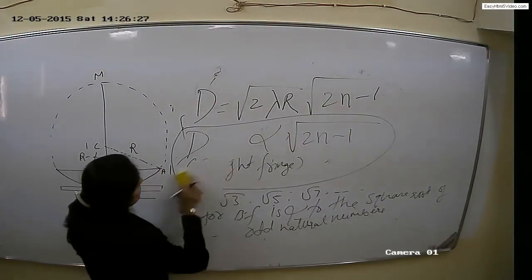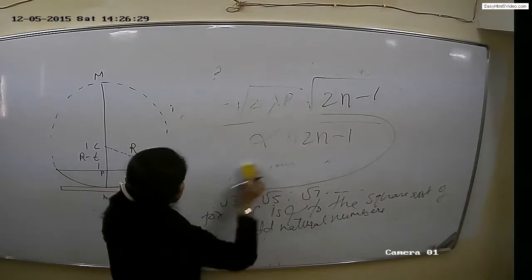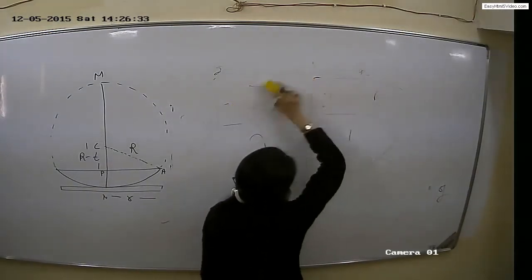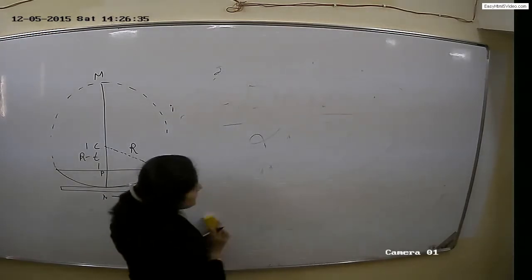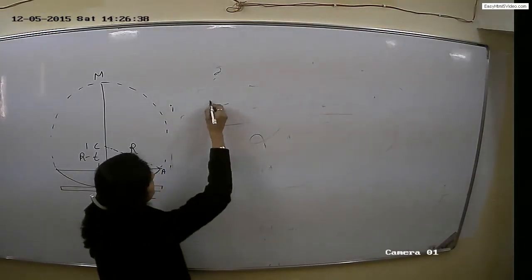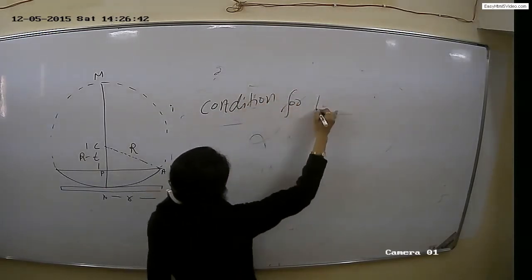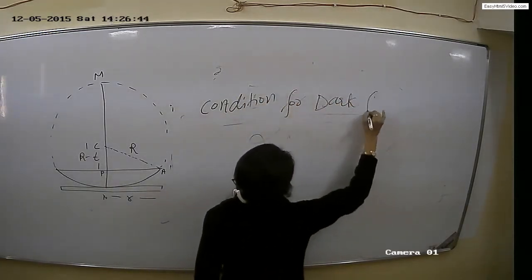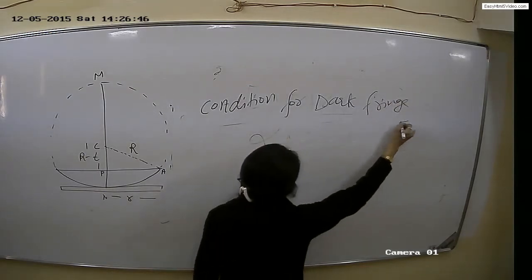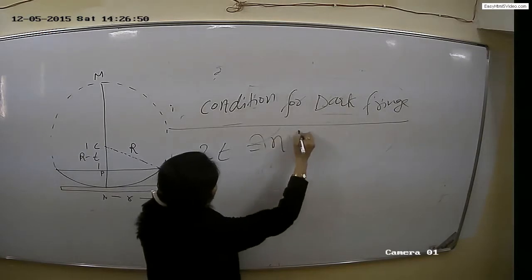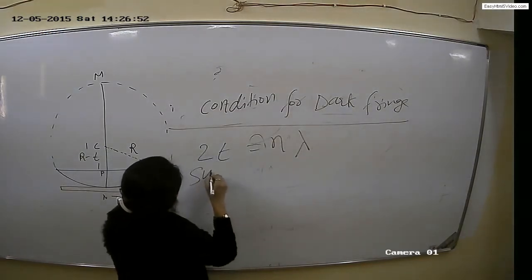Now let us calculate the diameter for the dark fringe. It is the same as for the bright fringe, but the difference is in the condition. We know that the condition for the dark fringe is 2t is equal to n lambda.